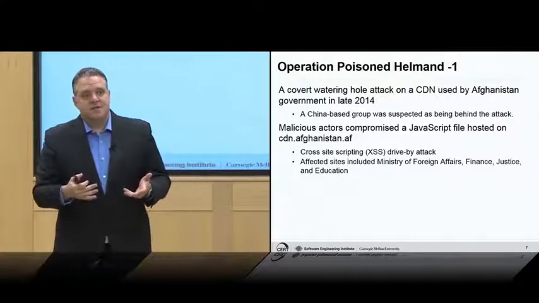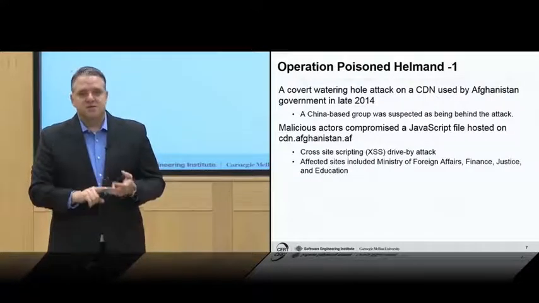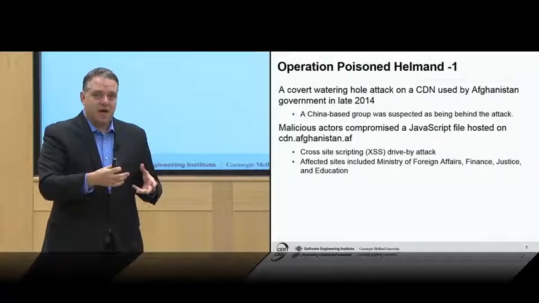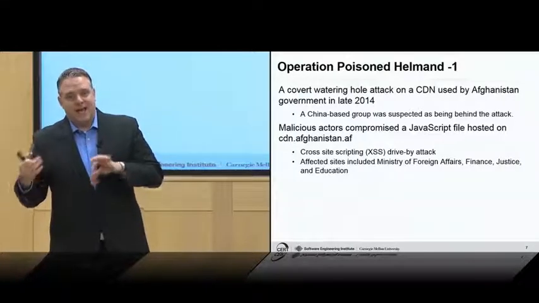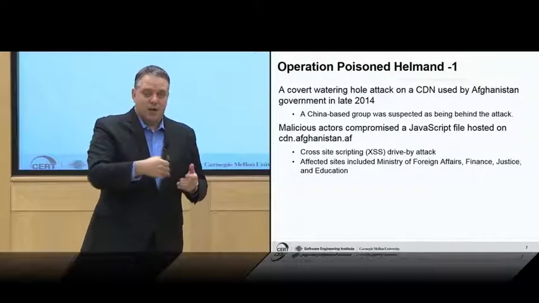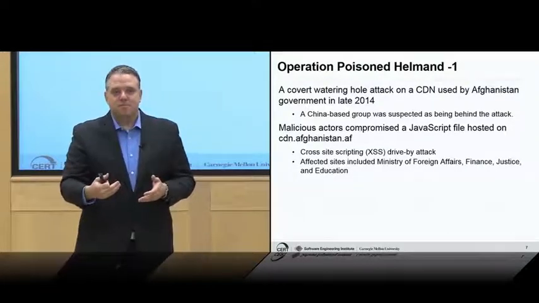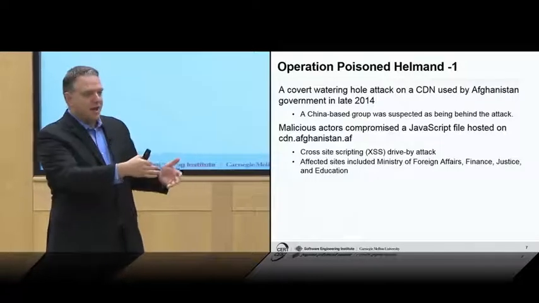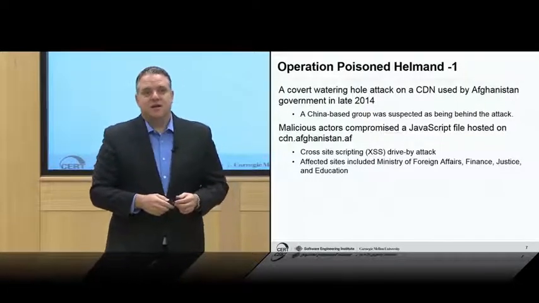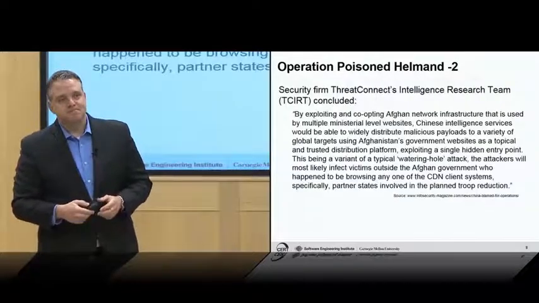And so you had sites from the Ministry of Foreign Affairs, Finance, Justice, and Ministry of Education, all affected by this. Anybody visiting those ministry websites would actually get hit with this malware because it's being hosted by a trusted platform, the Afghanistan ministry websites.